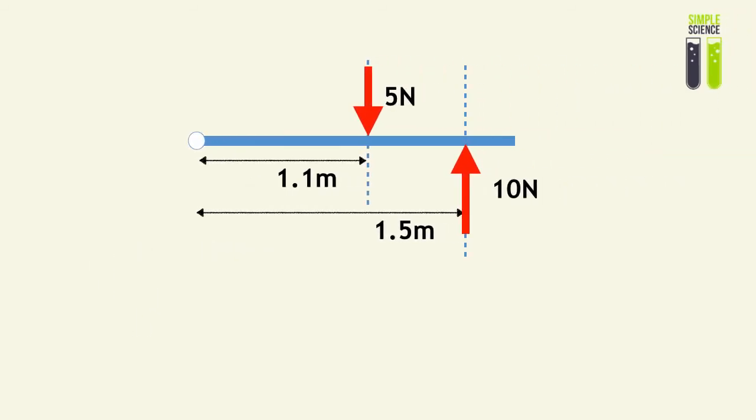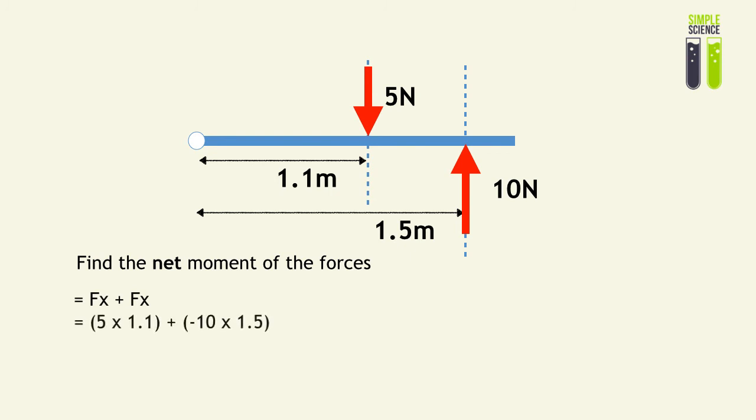Now, more often you'll be asked to find the net moment of a force. That means there's more than one force acting on a beam or a structure. What you have to do is sum up the moments, and if a force is acting in the opposite direction to a positive indicated force, you have to make that force negative.